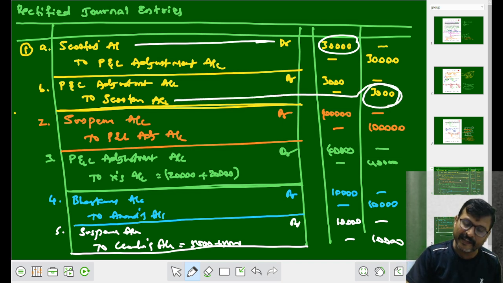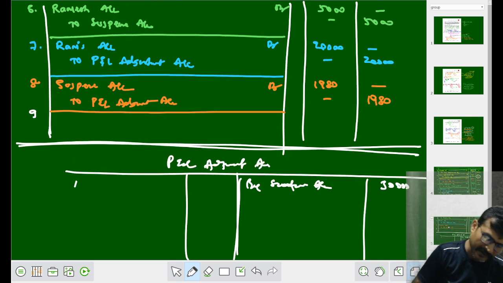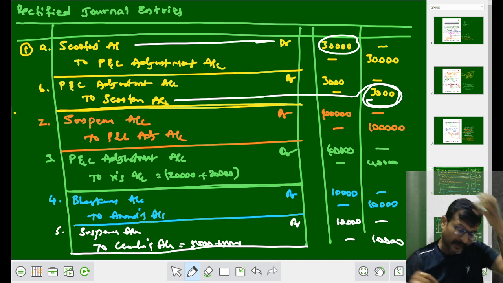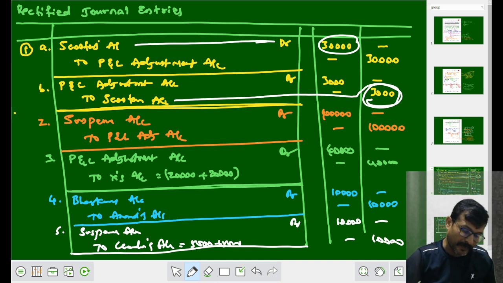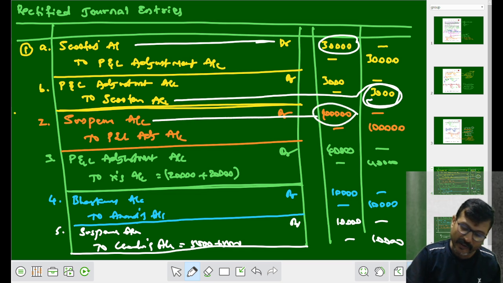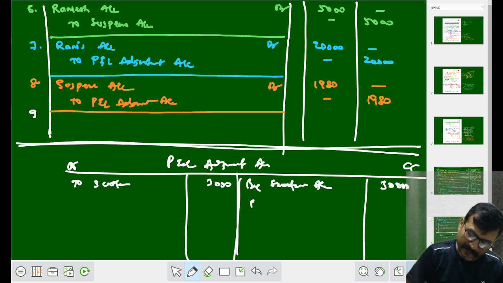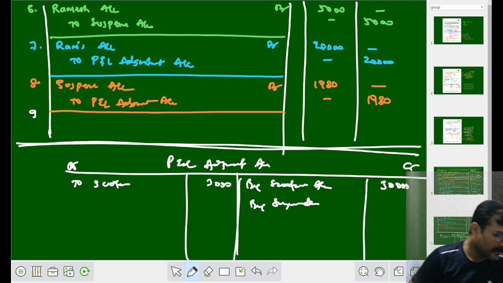Since scooter is in the credit of journal, it goes to the debit side of ledger as rupees 3,000. Next, suspense to P&L adjustment account. Since suspense account is in the debit, it goes to the credit side, by suspense account with an amount of rupees how much? 1 lakh.